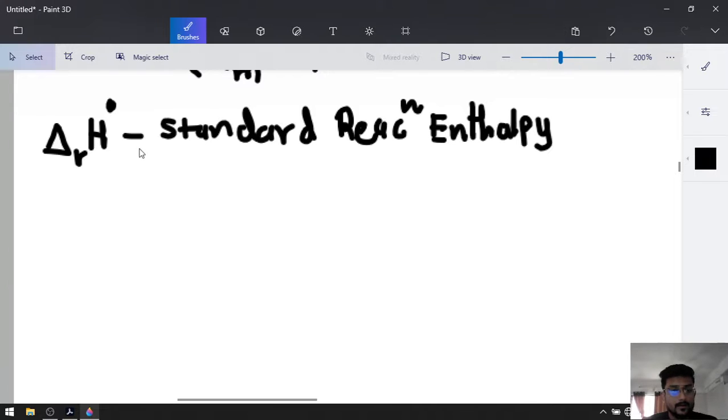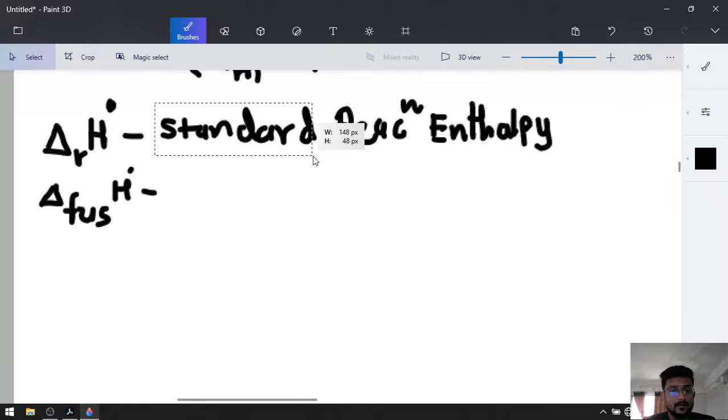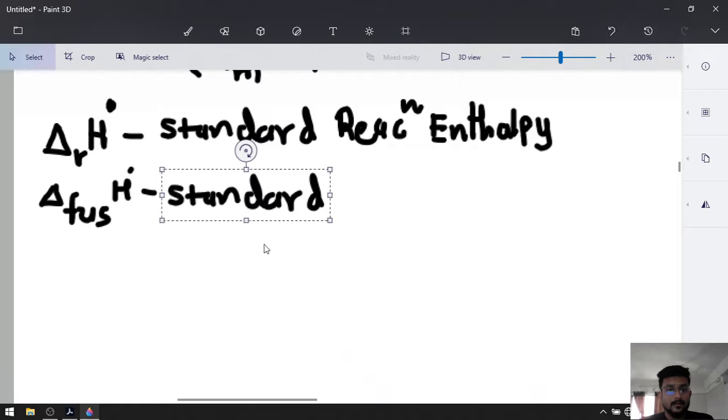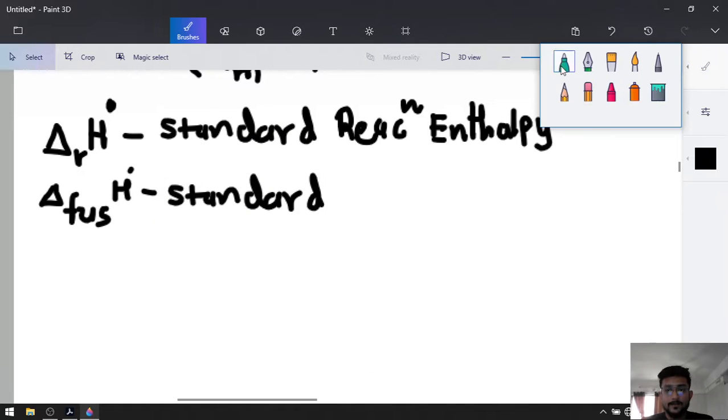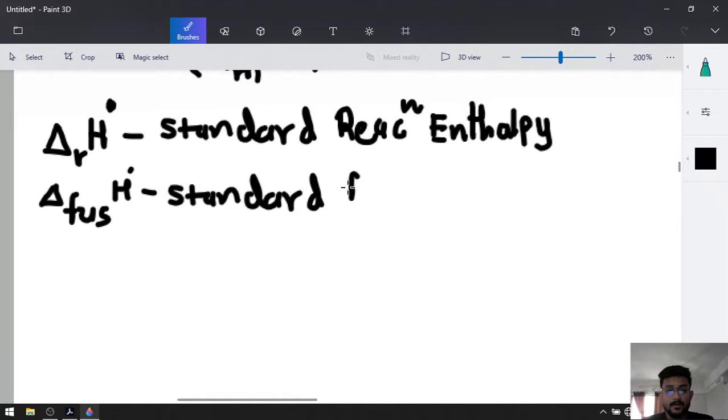So standard fusion enthalpy will be delta fuse H naught. Okay, this is standard fusion enthalpy, right.